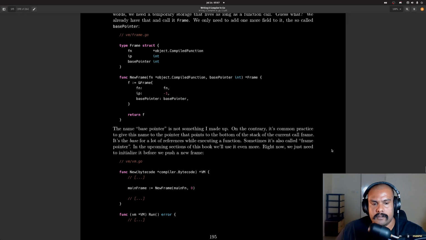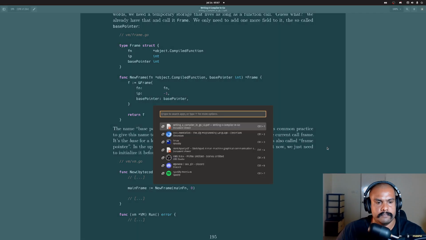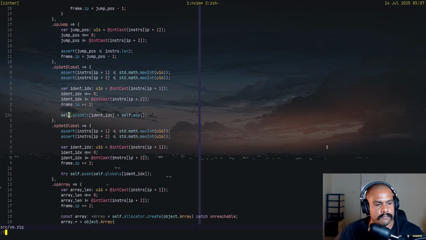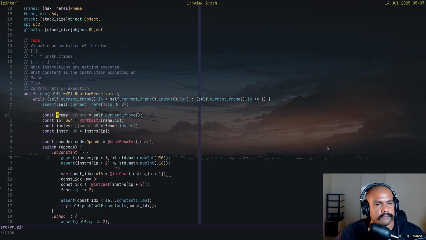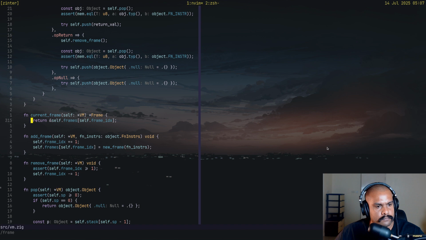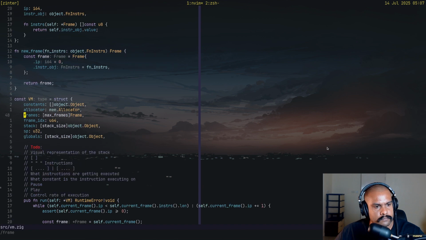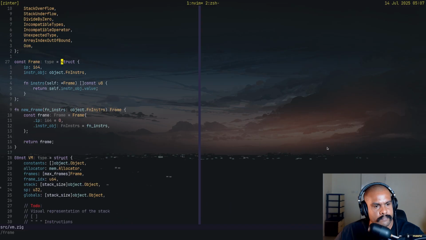Can't remember what the frame did. Been a while. Maybe I remember.